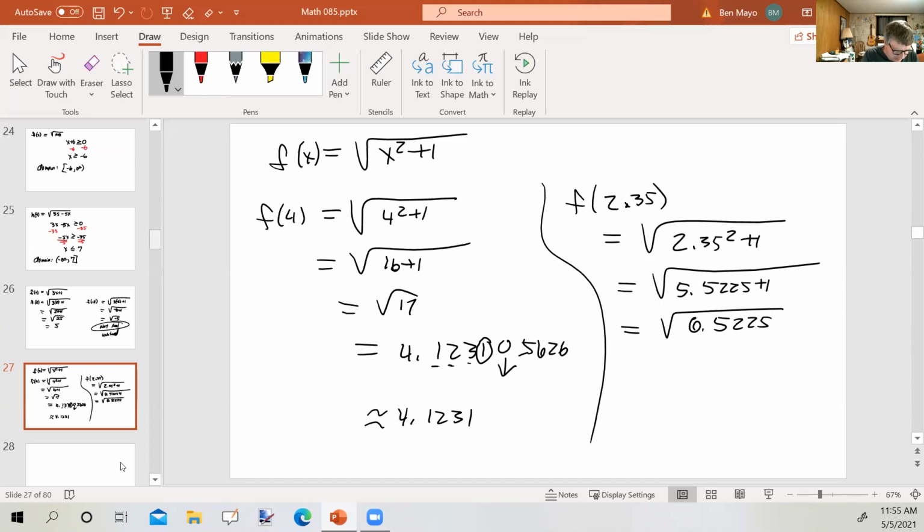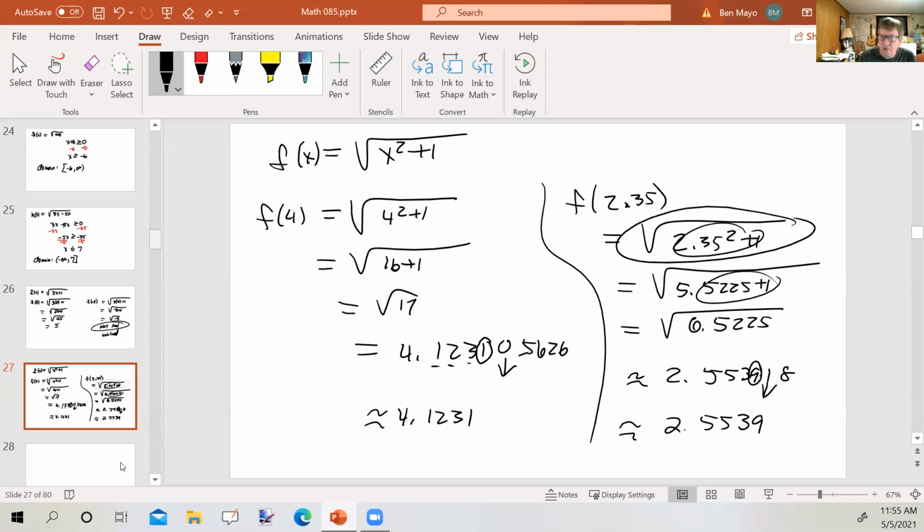So we've got the square root of 6.5225, which comes out 2.553918, etc. We're going over to the 10,000th. The 1 would round down, so 2.5539. Now, I went through and I calculated each little piece. I could have just put this original statement into the calculator, second square root, and then put in parentheses 2.35 squared plus 1 close parentheses equals. I didn't have to do each separate piece is what I'm saying.